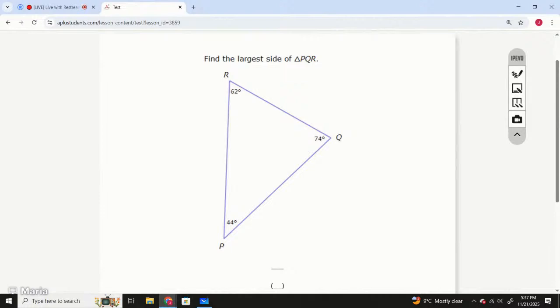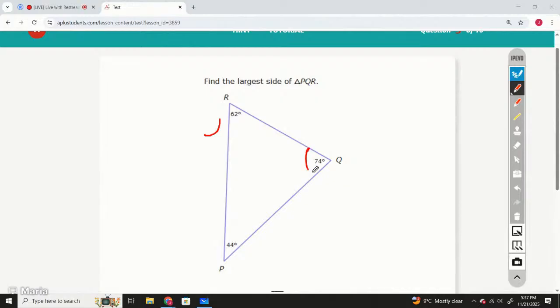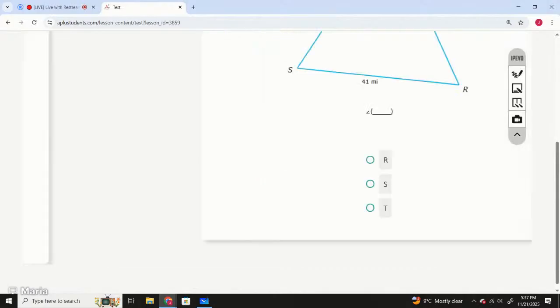So the largest side would be the one opposite the largest angle. So the largest angle is 74, which is Q. Opposite to angle Q we have PR. So PR would be the longest length.